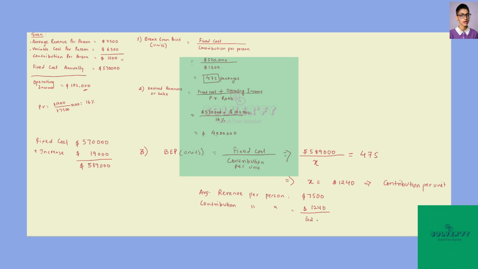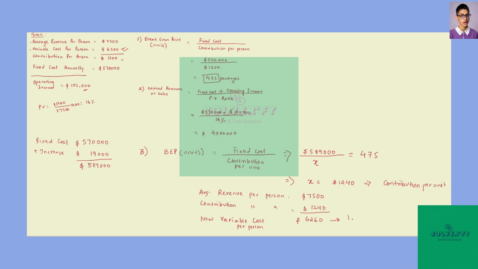So this comes to $6,260, new variable cost per person. Earlier the variable cost was $6,300. Now it's $6,260.